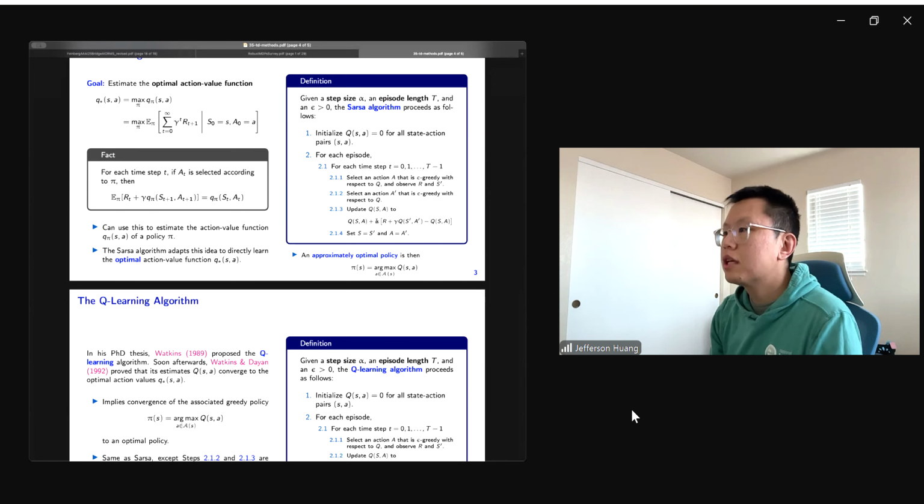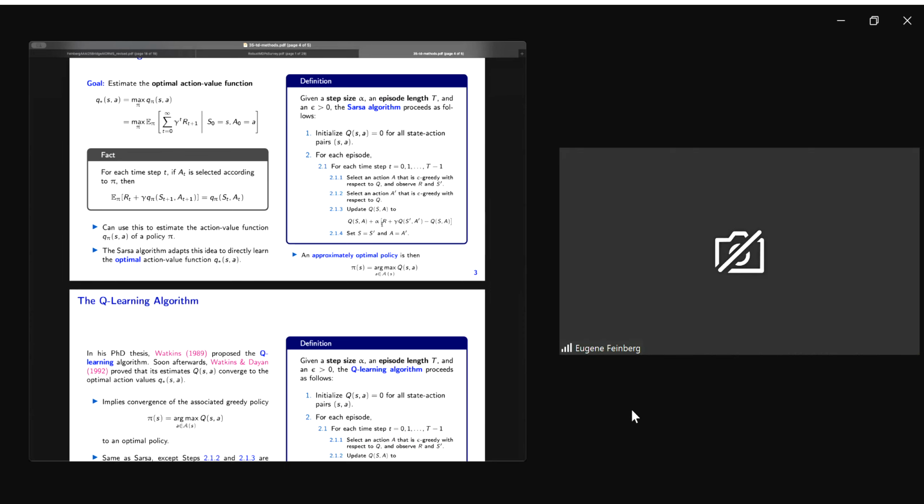For convergence, there's usually some kind of condition as the step sizes vary, a Robbins-Monro type condition. Yes, stochastic approximation.